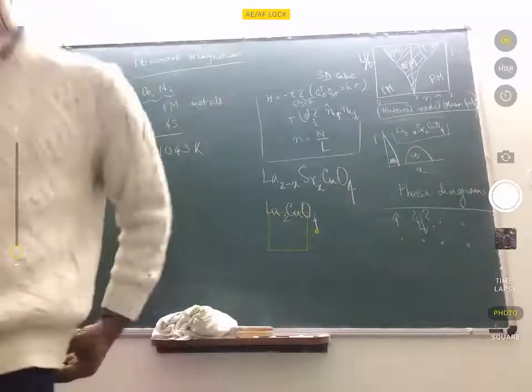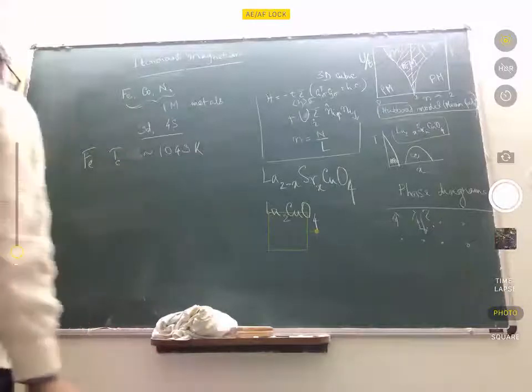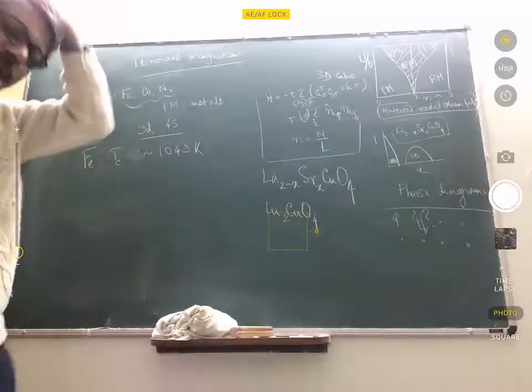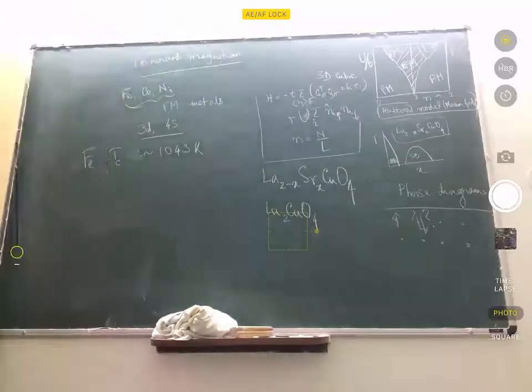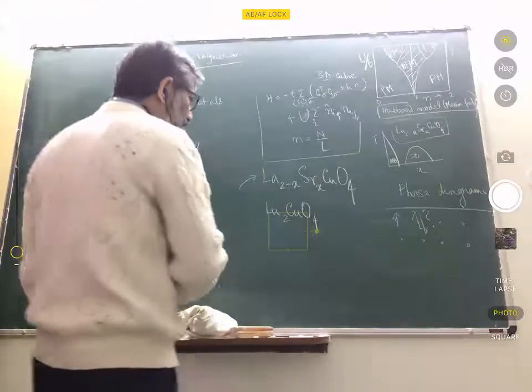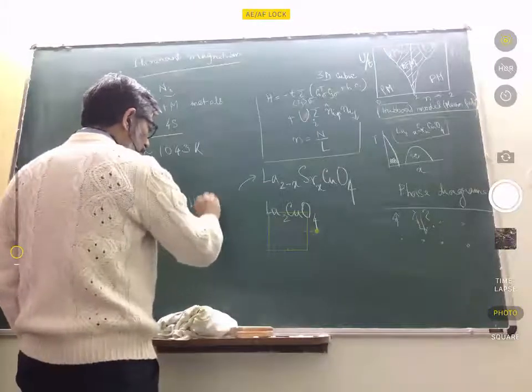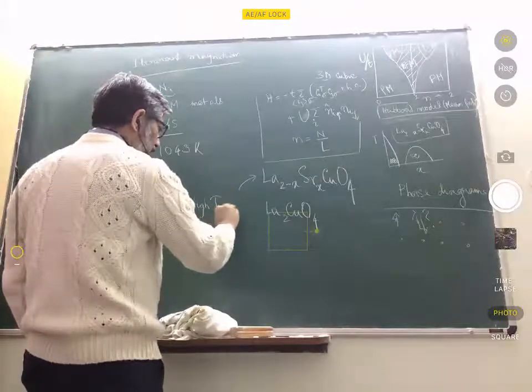And that was a big surprise, because all the known superconductors had transition temperatures that were very small, below 10 Kelvin for sure. So this class of materials started this field of what is now called high TC superconductors.